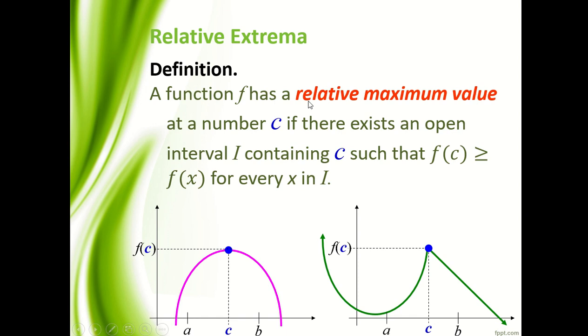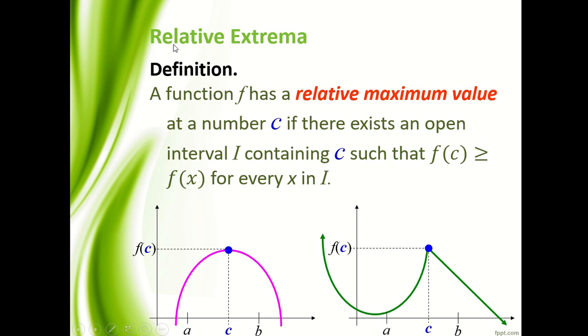A function f has a relative maximum value at a number c, so this is our c here, if there exists an open interval I containing c, so this is our open interval from a to b where c is within this interval, such that f of c is greater than or equal to f of x for every x in the interval I. So this is our interval I from a to b.